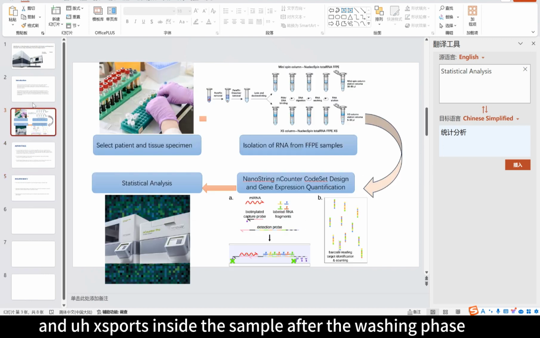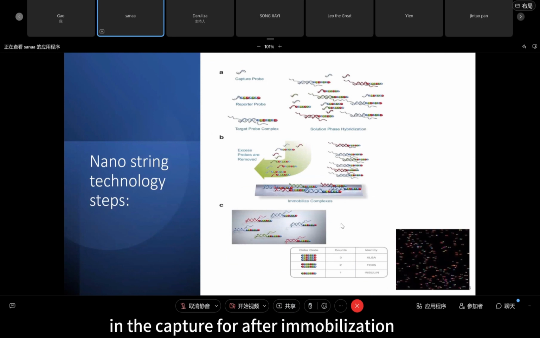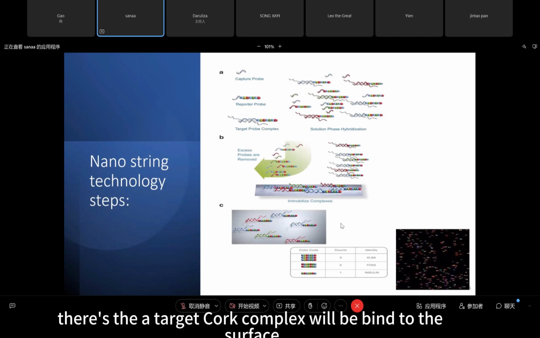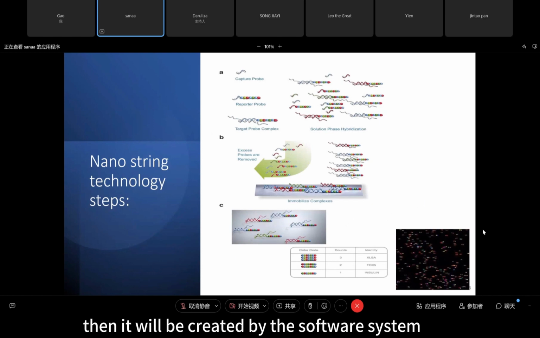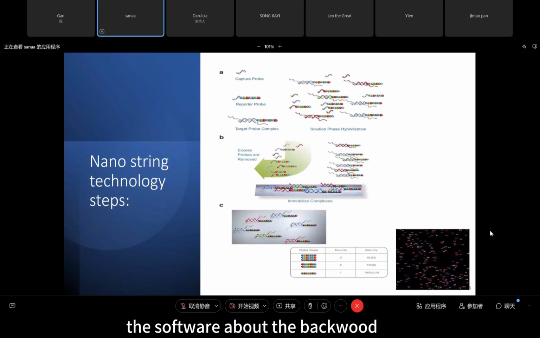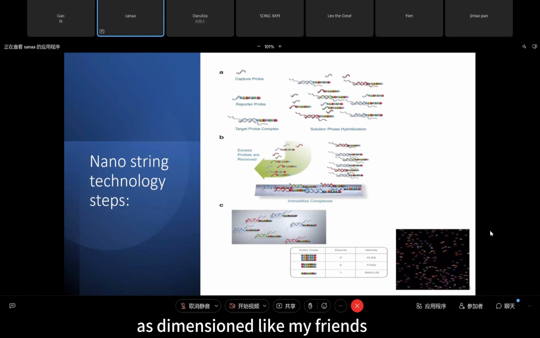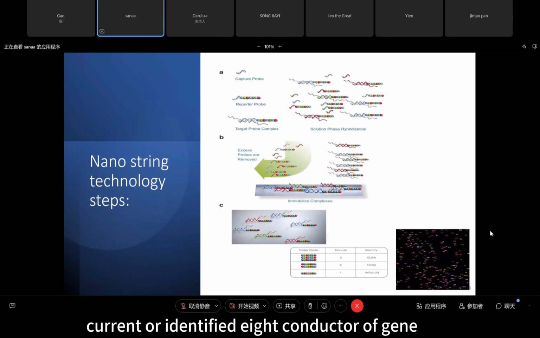After the washing phase, there is an immobilization phase, which happens with the help of the biotin in the capture probe. After immobilization, the target probe complex is bound to the surface, and from the surface the data is read by the software system. Each barcode has a different color, and the different colors are designed for different genes. Nanostring technology can count or identify around 800 gene expression microRNAs in the sample.